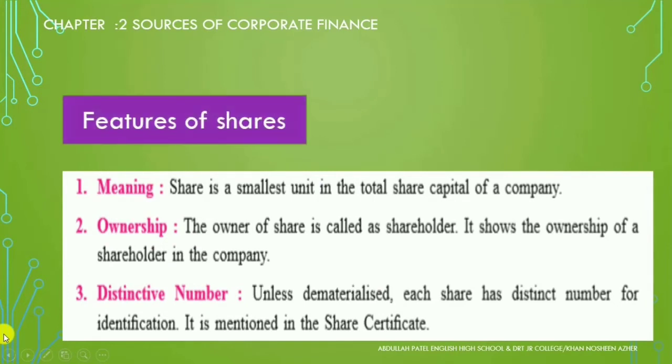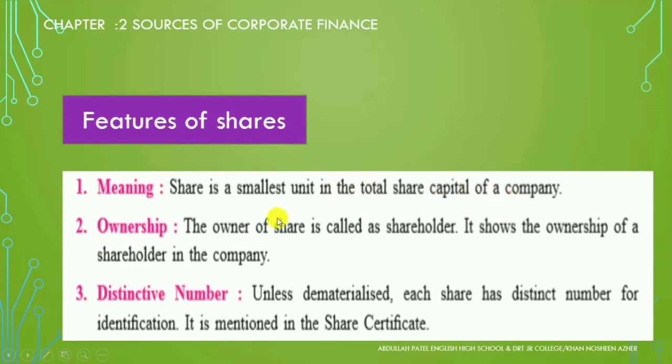Now we have a different heading, features of shares. What are shares like? First of all, meaning. All the things I have taken from your textbook, so you will cover the topics one by one through the syllabus. Meaning: share is the smallest unit in the total share capital of the company, which I already explained.